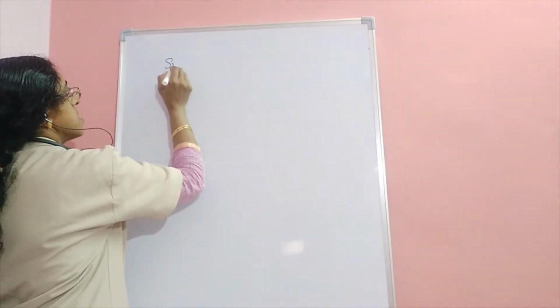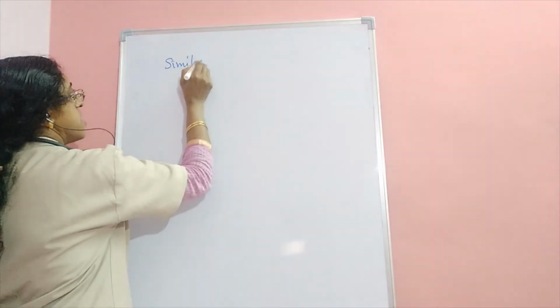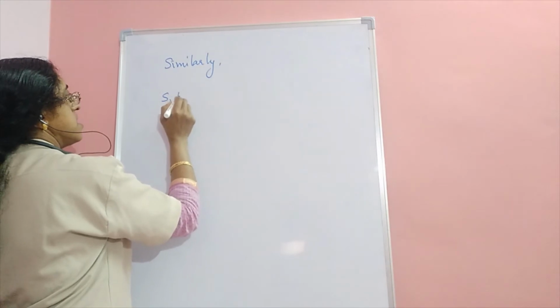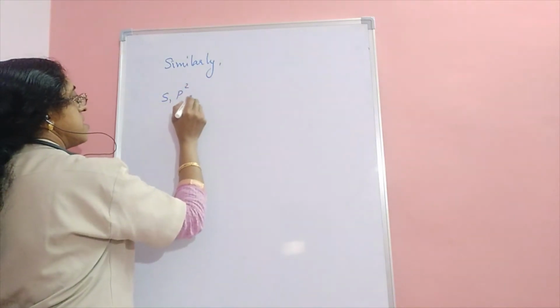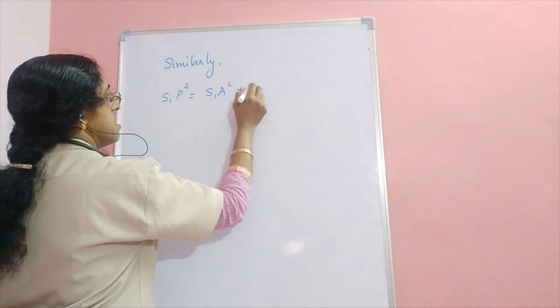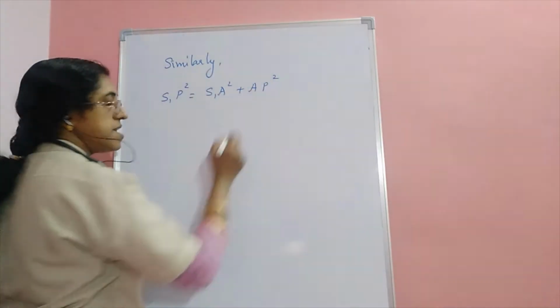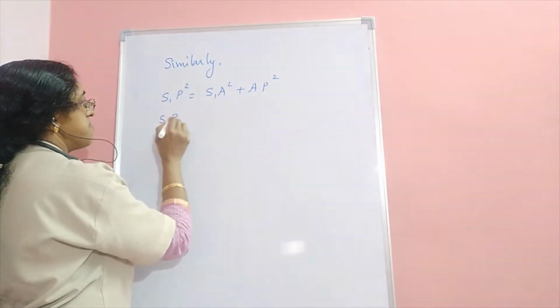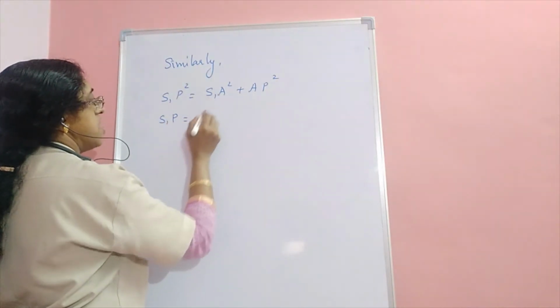Similarly, I can find S1P. S1P square is equal to S1A square plus AP square.